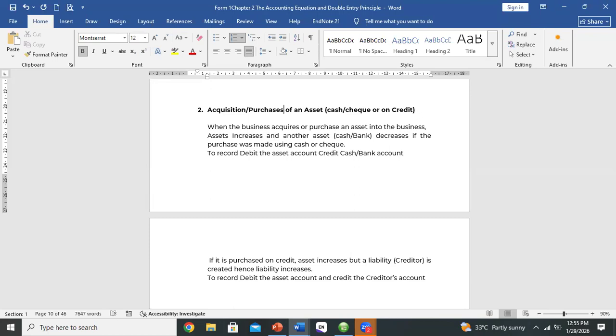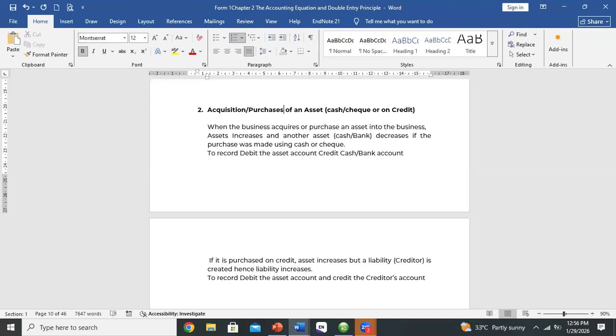I got to understand that when a business purchases assets from, let's say, a different company or the marketplace, they credit the other company's account, then they receive what they bought through the debit side. So you credit the company if the business bought it from the company on credit.